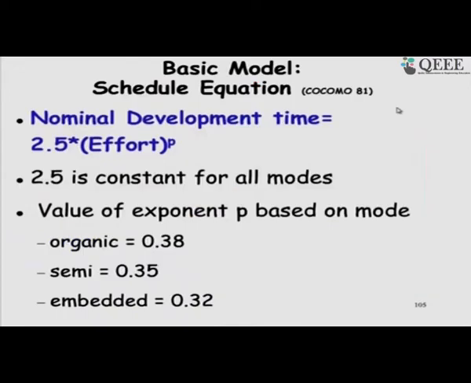And once we get the effort, we can compute the development time, which is called the nominal development time. It is called the nominal development time because if we employ the staff in a proper way, then we will get this time.